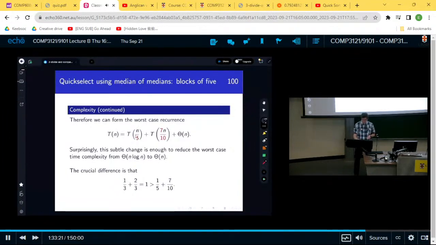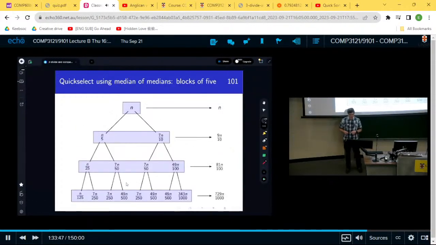So the next level of recursion will take some constant times n divided by 5, plus some constant times 7n over 10. And because 1/5 plus 7/10 is less than 1, whereas previously we had the 1/3 and 2/3 that added up to 1, this is actually enough to make the running time at the next level smaller, and then the running time at the next level again smaller and smaller.